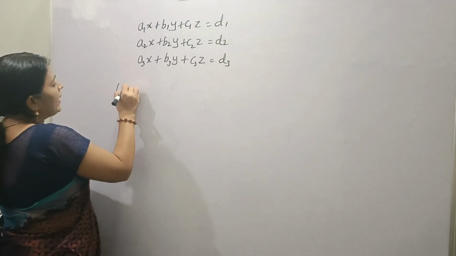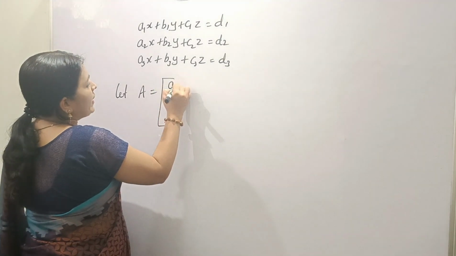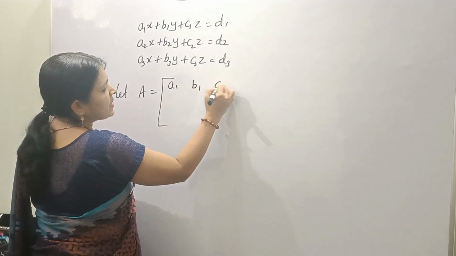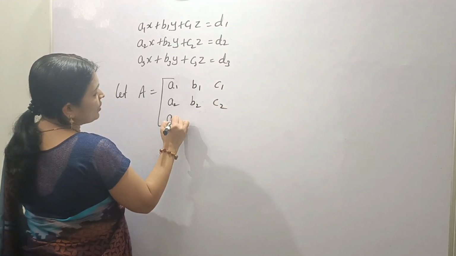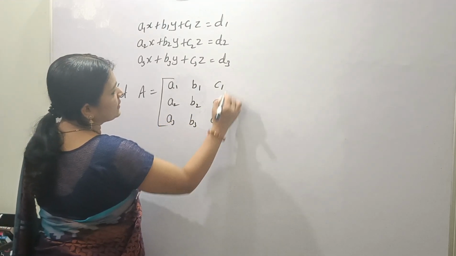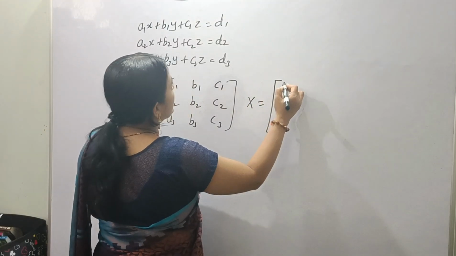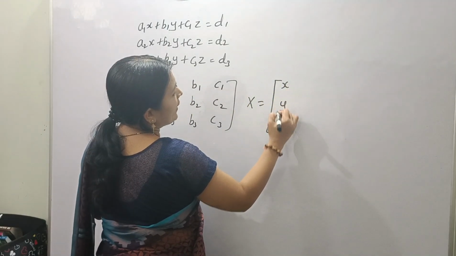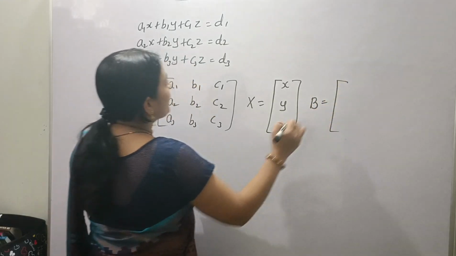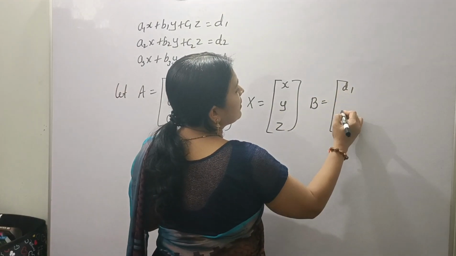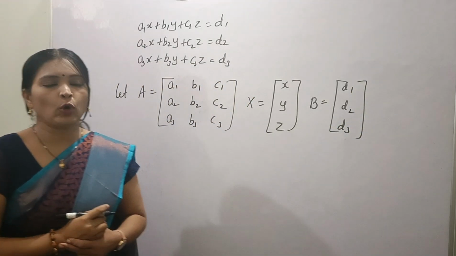Now let matrix A be equal to [a1, b1, c1; a2, b2, c2; a3, b3, c3], and let X be the column matrix x, y, z, and matrix B be equal to d1, d2, d3, the matrix of constants.